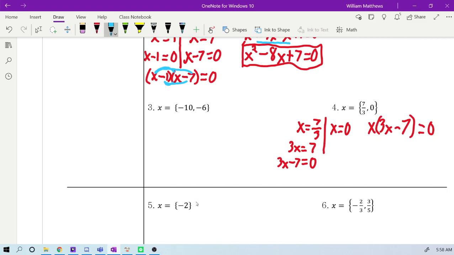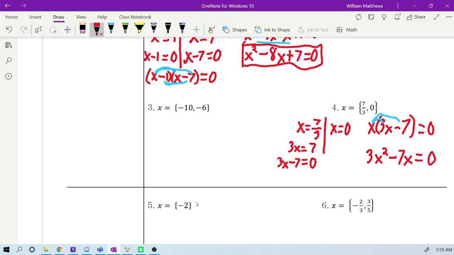This time we don't need double distribution, since there is only one term for the first one. Sorry for the shaky hands. But we have x times 3x, which gives us 3x squared, and x times negative 7, which gives us negative 7x. And this still all equals 0.